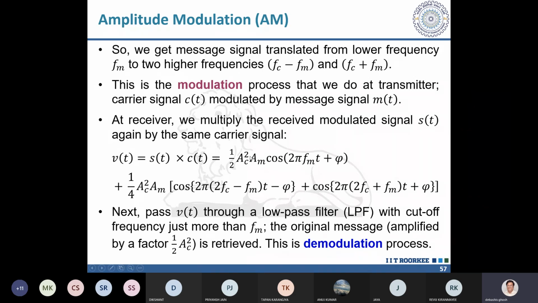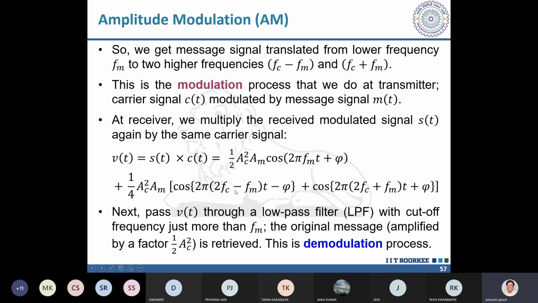The only difference is that it is getting amplified by some factor. But that doesn't matter. I can always amplify it or reduce it by changing the gain factor. It is just that the volume of your sound will be more or less. That's all. So it doesn't matter. Otherwise, it is the same message signal that has been recovered here.